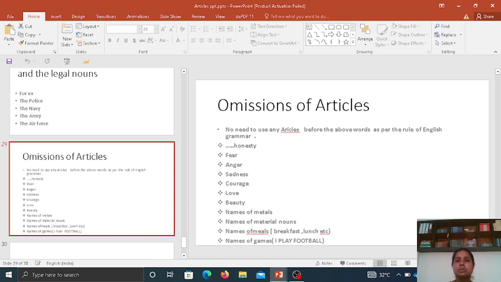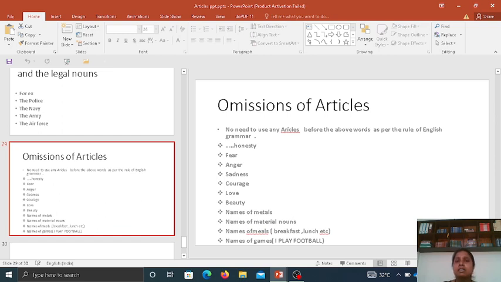Before it there is no need to use a, an, the, because honesty is a quality and we cannot count it. Why should we not write the here? Because the should be used when the thing is definite, and we all know about honesty. It will be common in all. Again, the second one, fear. Before fear we should not use any article the.